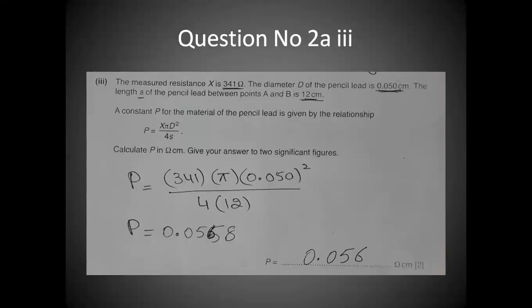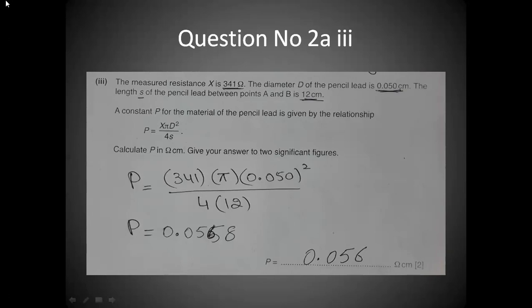You can see that I have substituted the values there: 341 times pi times 0.050 squared divided by 4 divided by 12 equals, and it will give you 0.0558. When you round it off to two significant figures, it will be 0.056 ohm centimeter.